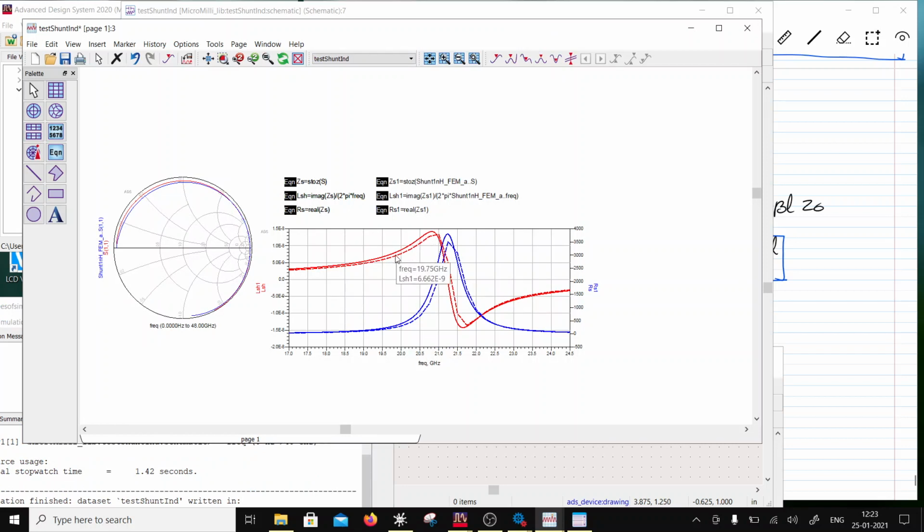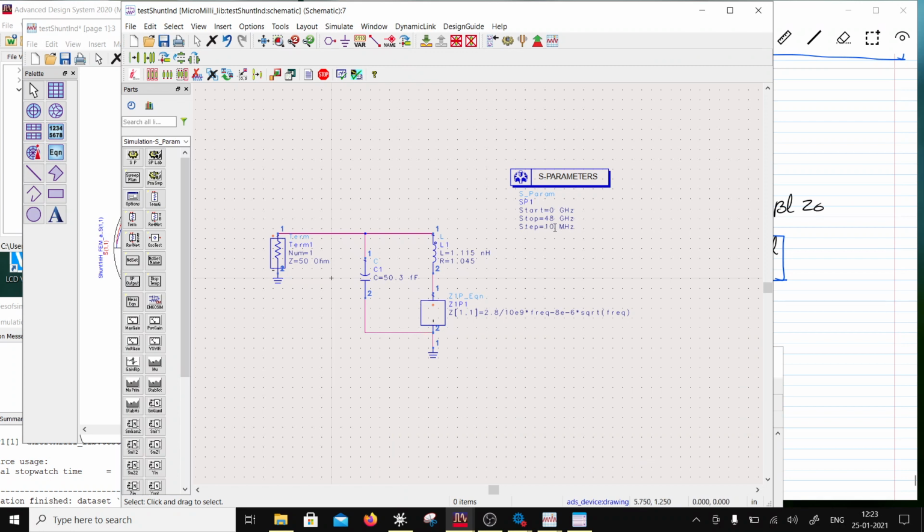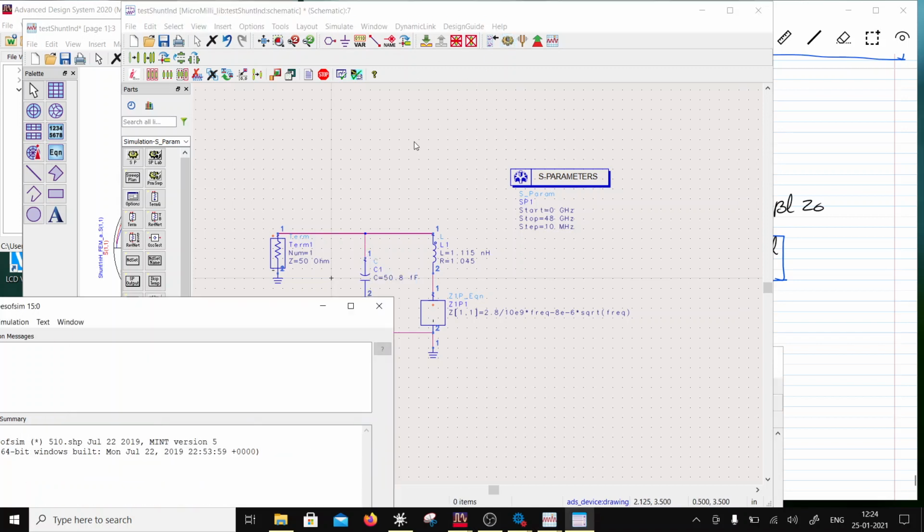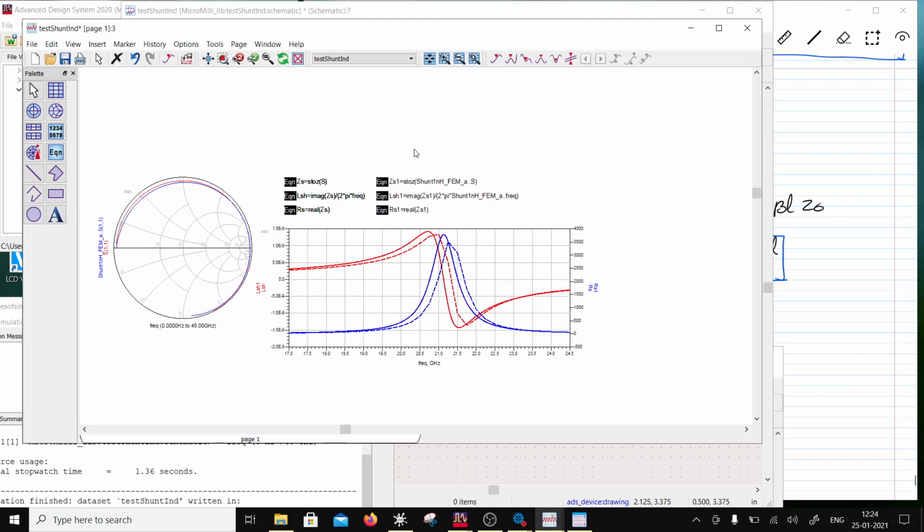It has to be further increased. The dotted one is coming from the model, right? Oh, no, the dotted one is coming from the EM, right?